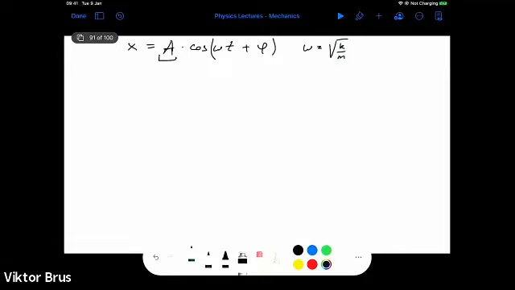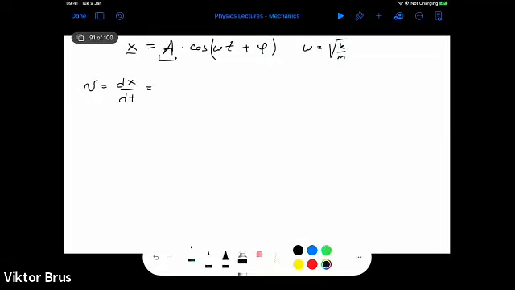So first of all, since we know the position as a function of time, it makes sense to consider velocity and acceleration as a function of time, which corresponds to this simple harmonic motion. For this purpose, we take derivatives. For velocity, it is the first derivative, dx over dt.